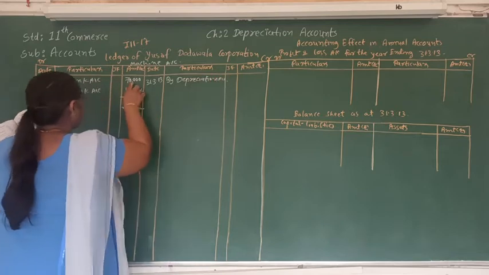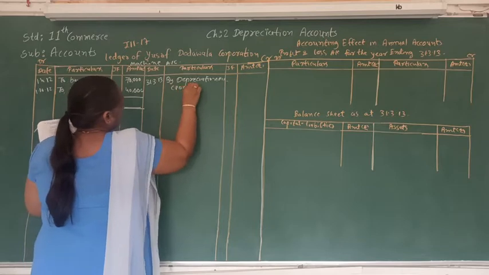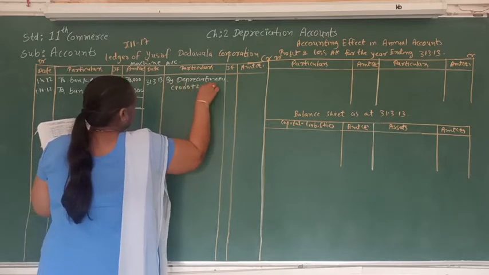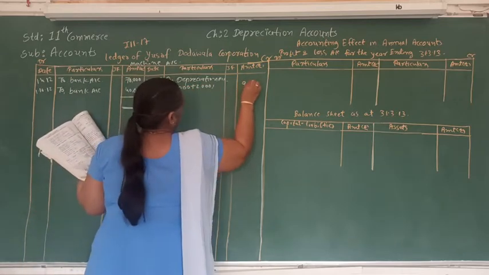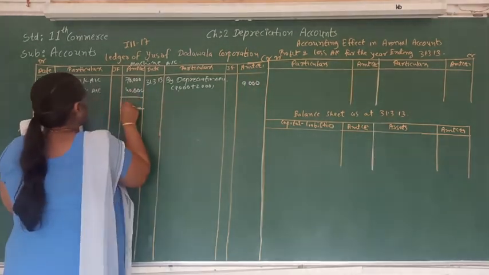Depreciation will be 7,000 plus 2,000. So total will be 9,000. That is already there in the working note. 9,000.